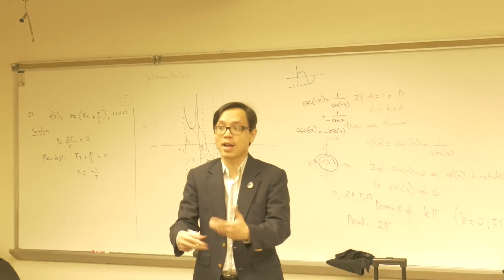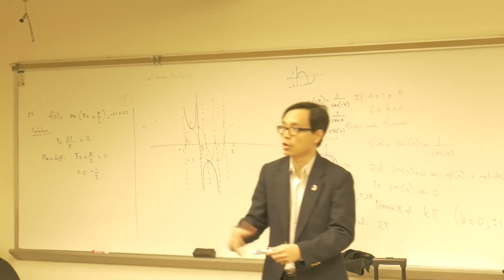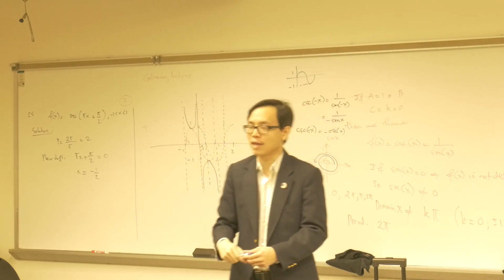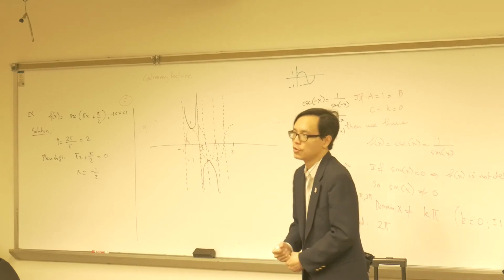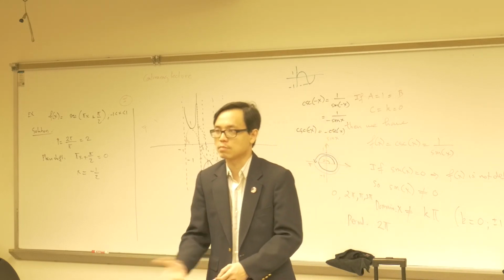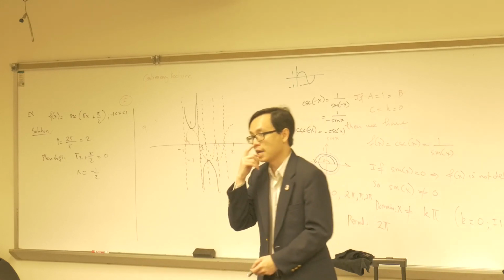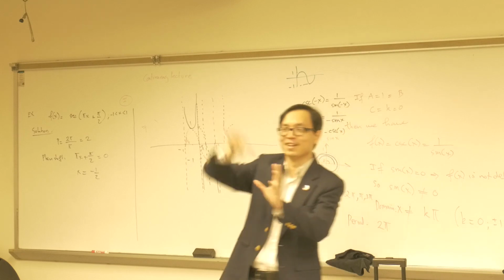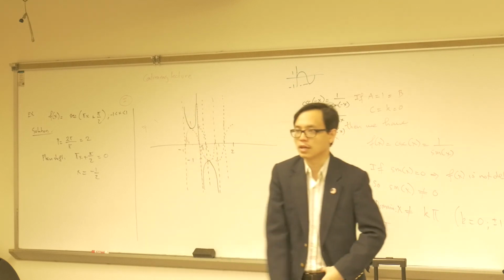But when you evaluate a function, I already showed you how to use the reference angle and the quadrant, so you don't have to consider that. But it's good if you know that sine of negative x equals negative sine of x. It's faster than checking the quadrant to see whether sine is positive or negative.